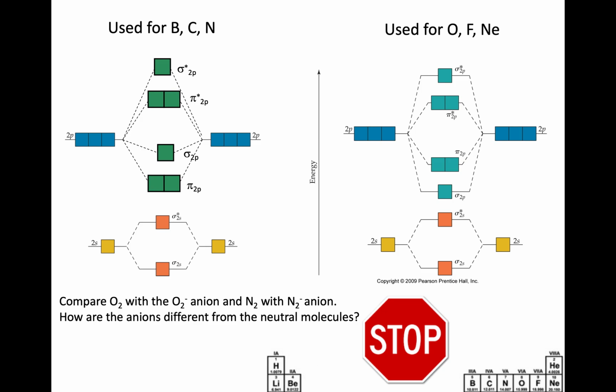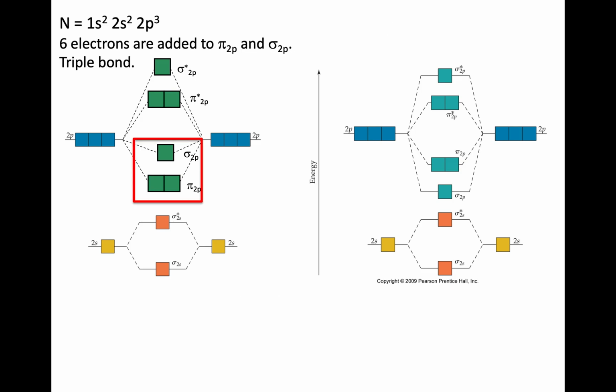Let's see if we can try a problem. Compare O2 with the O2 minus anion and N2 with the N2 minus anion. How are the anions different from the neutral molecules? Here's how I'm thinking about the N2 molecule.